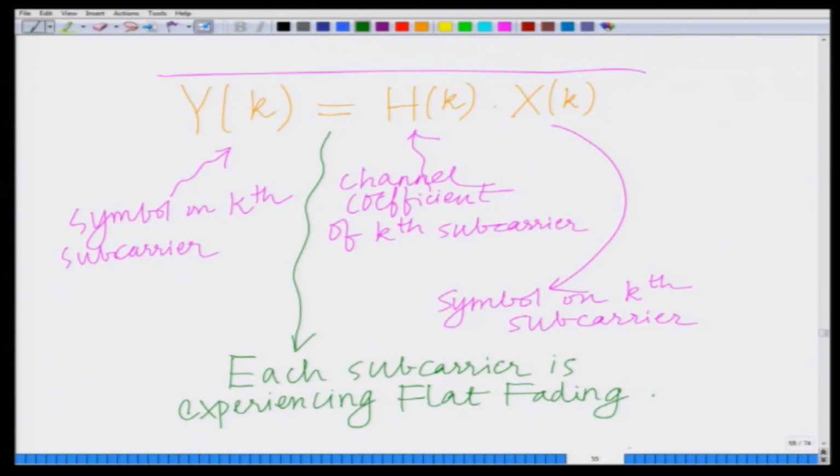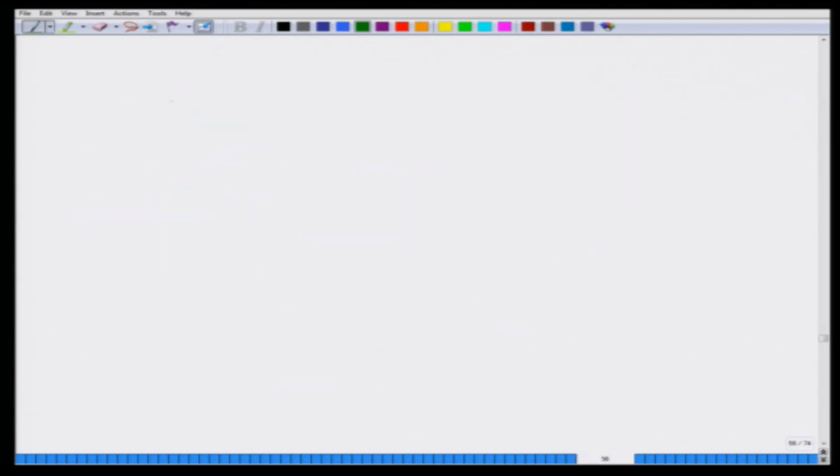Let me draw this schematically to conclude this module. If I look at this in a schematic fashion, I have x of 0 which is multiplied by the channel coefficient h of 0 to generate the symbol y of 0 across subcarrier 0.